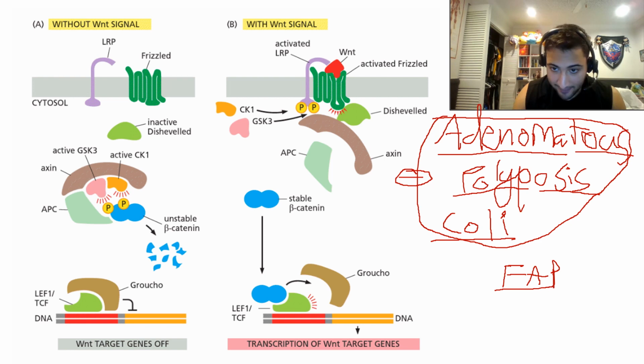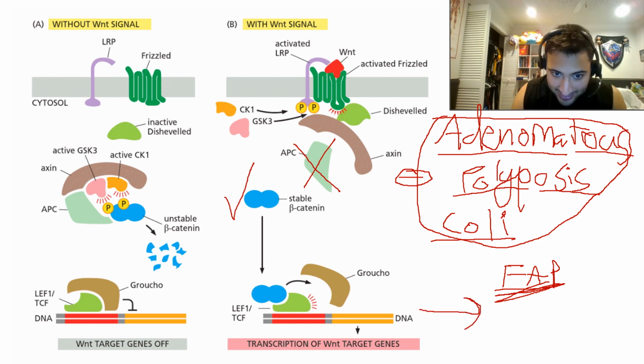In the FAP syndrome, the adenomatous polyposis coli gene is mutated, and you do not get production of APC. Because you don't have APC, you do have beta-catenin, and that leads to transcription of Wnt target genes, which are growth genes.